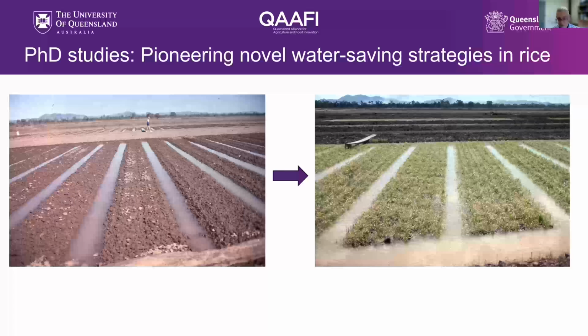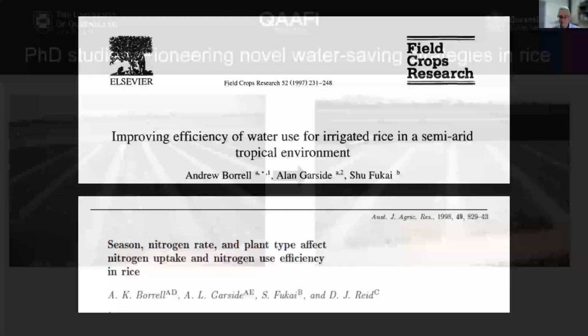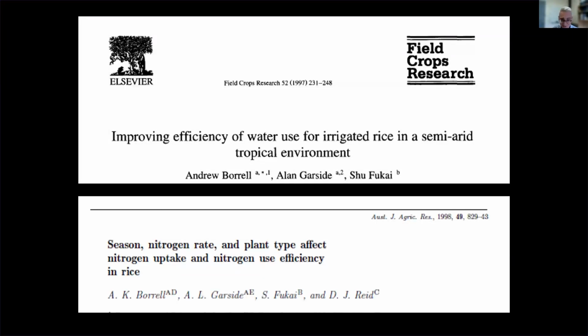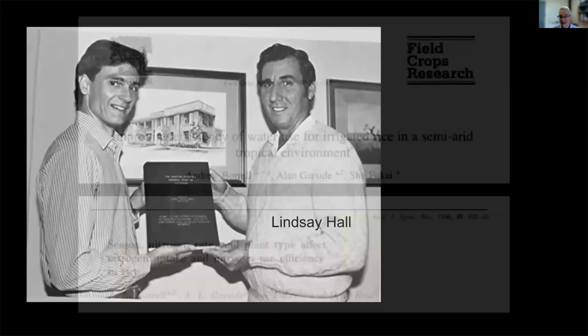So with Shu Fukai and Alan Garside, we worked on this technique called saturated soil culture and reduced the water from 12 megalitres per hectare back to about 8 with similar grain yields. And we published that work in Field Crops Research and some other nitrogen papers as well.